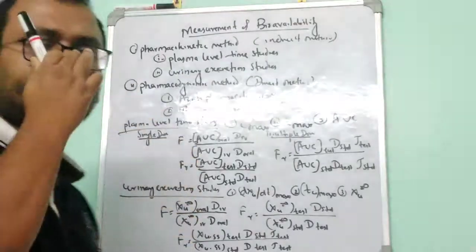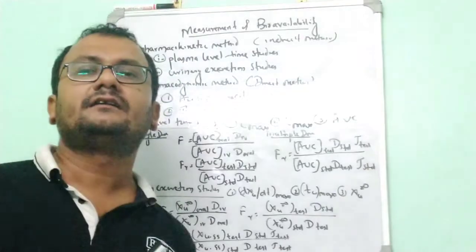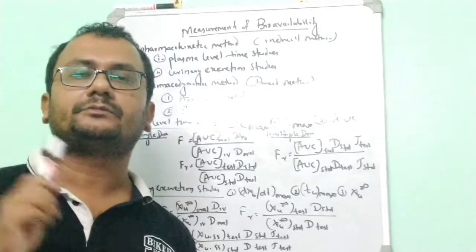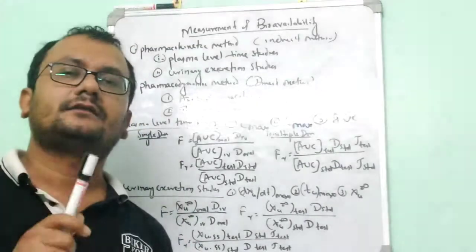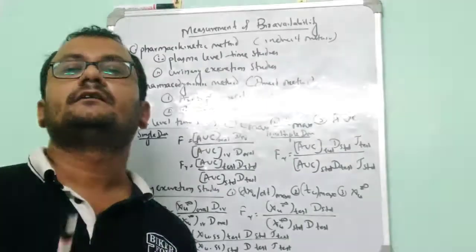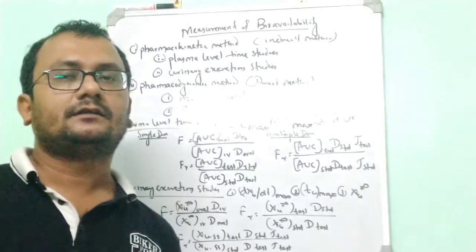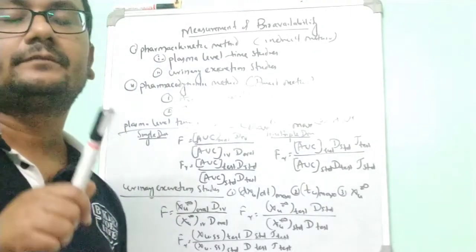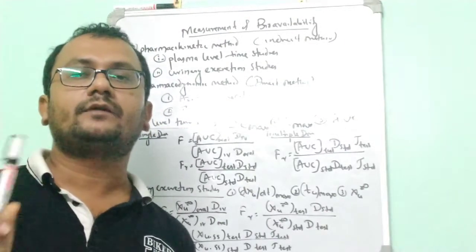But generally, when we are going for a urinary excretion study, it is the easiest method to collect urinary excretion data. But for all drugs we cannot take it. There is a minimum criterion that the drug should predominantly be excreted unchanged in the urine. A minimum of 20% of the drug should be excreted unchanged in the urine.